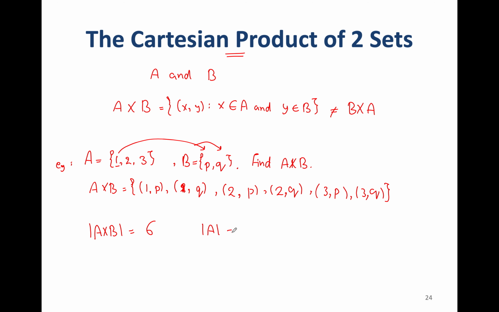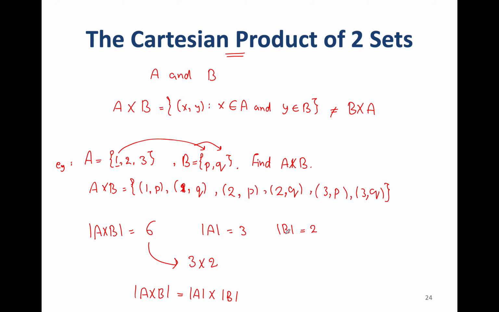The cardinality of A is equal to 3, which means we have 3 elements in A, and the cardinality of B is equal to 2 elements. So 6 is equal to 3 times 2. And from here we can find that the cardinality of A cross B should equal the cardinality of A times the cardinality of B.